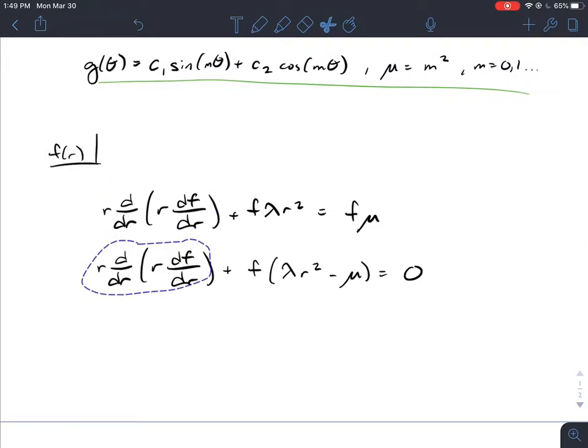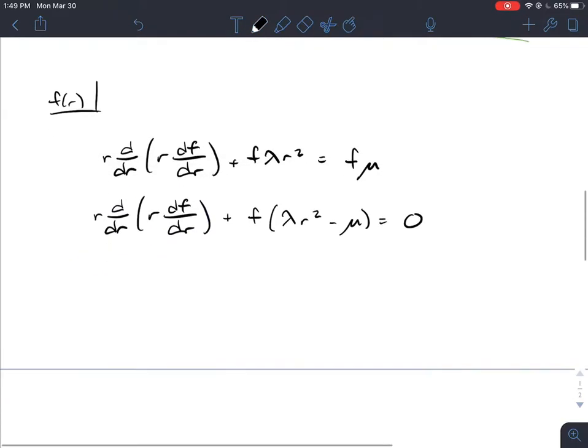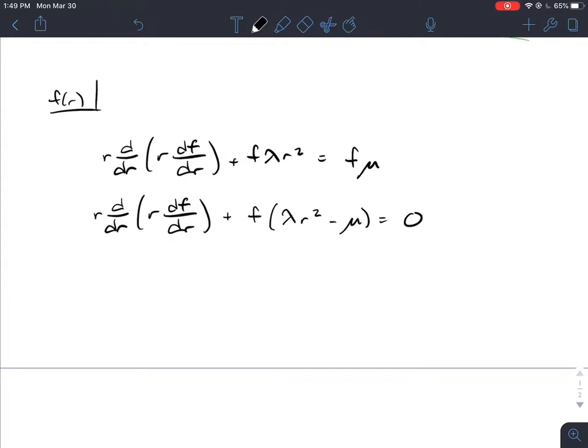And I'm going to just copy and paste this down here. So what I'm going to do next is expand this left hand side term. If we take the product rule of everything, we should end up with r squared d squared f dr squared plus r df dr plus f times lambda r squared minus mu.